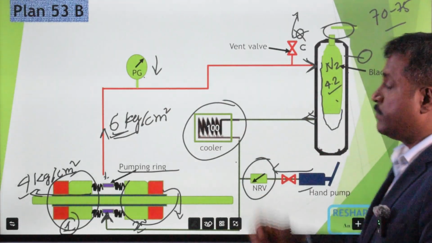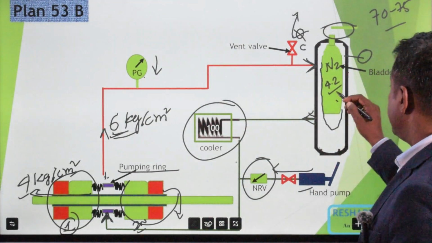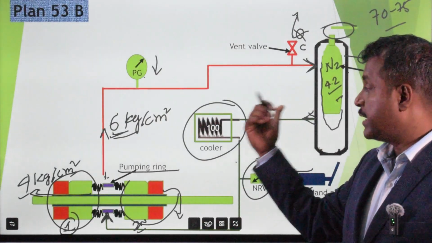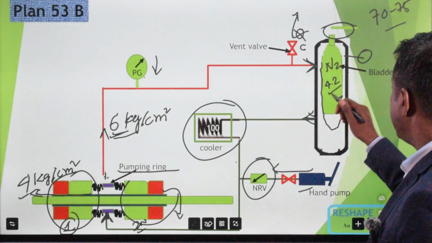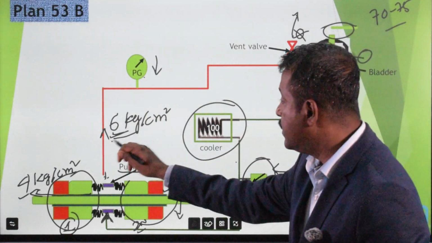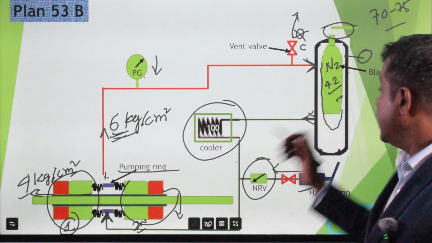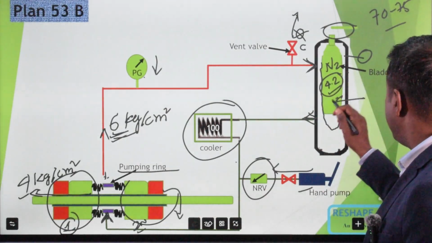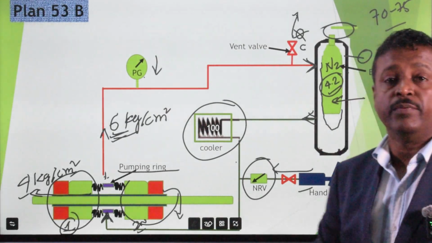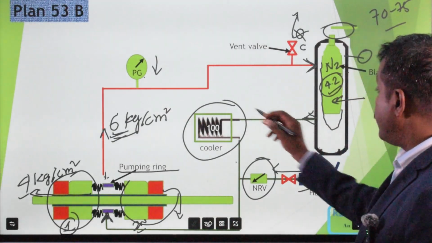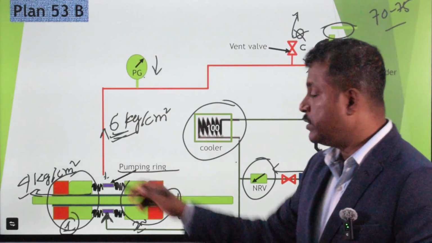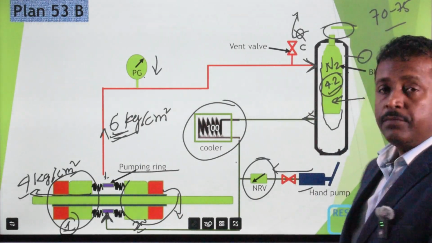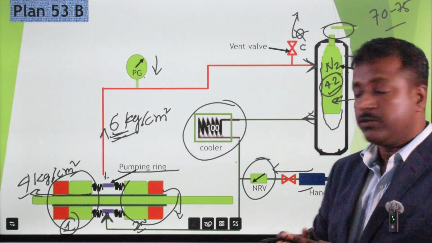Common failure of this 53B: if the bladder accumulator pressure is not maintained as per calculation, that means if we fill this bladder accumulator to 6 kg, it will not perform. If the pressure is less than 4.2, it will not perform. So the pressure filling of the bladder accumulator is very, very important. If the cooler is not functioning, then your seal system will also not work. How do you confirm the cooler is not working?